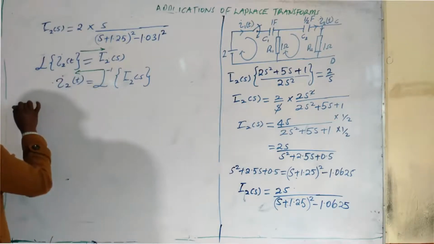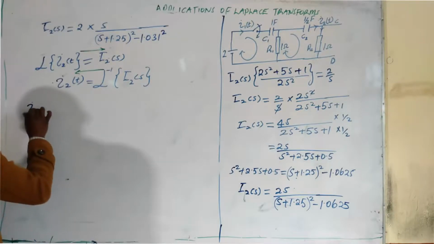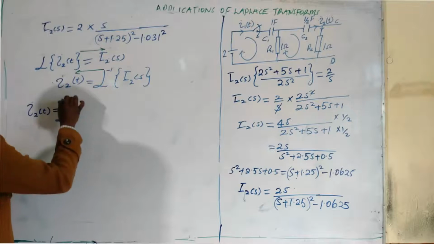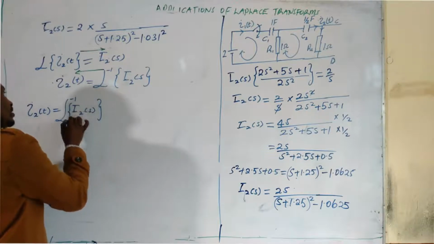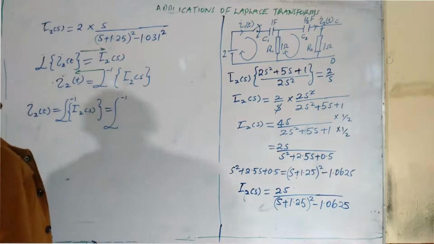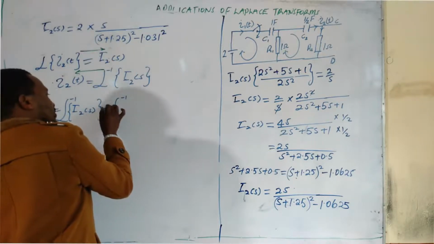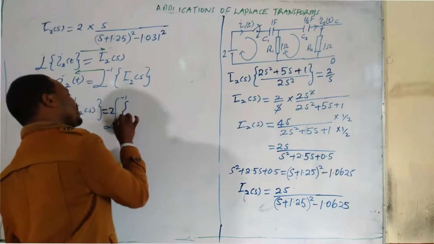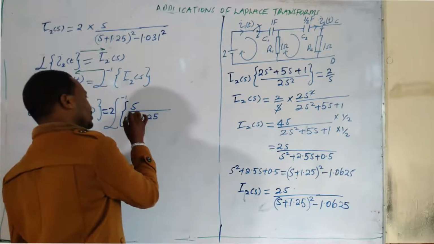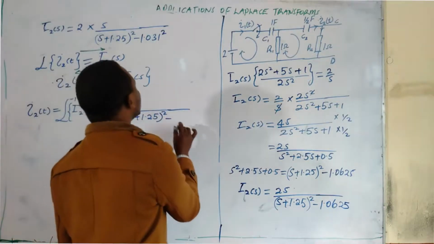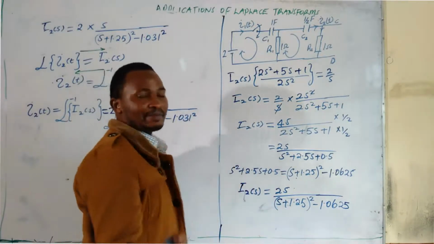So I2 of t is equal to the inverse Laplace transform of I2 of S, which is now equal to the inverse Laplace transform of, I always like to have the constant outside, 2 times the inverse Laplace transform of S over (S plus 1.25) squared minus 1.031 squared.